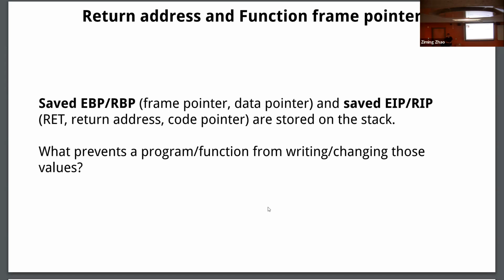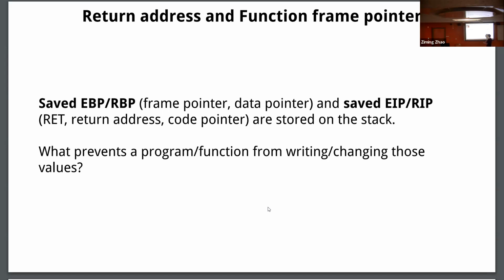So several registers are very important here. Obviously, the saved EIP or saved RIP is extremely important. That is the return address on the stack, right? Before the call instruction, you already have that address in the EIP register, but the call instruction will push that address onto the stack, then set a new value to that EIP or RIP.